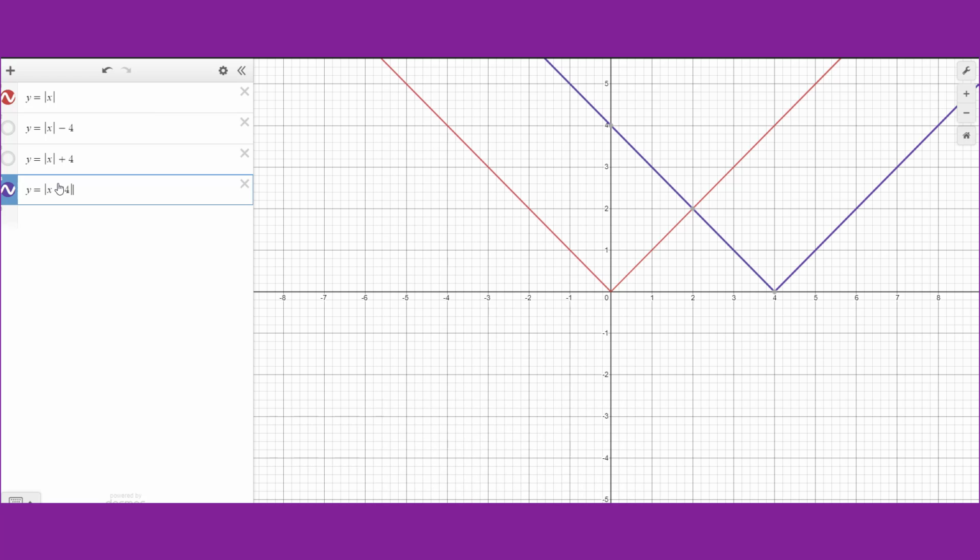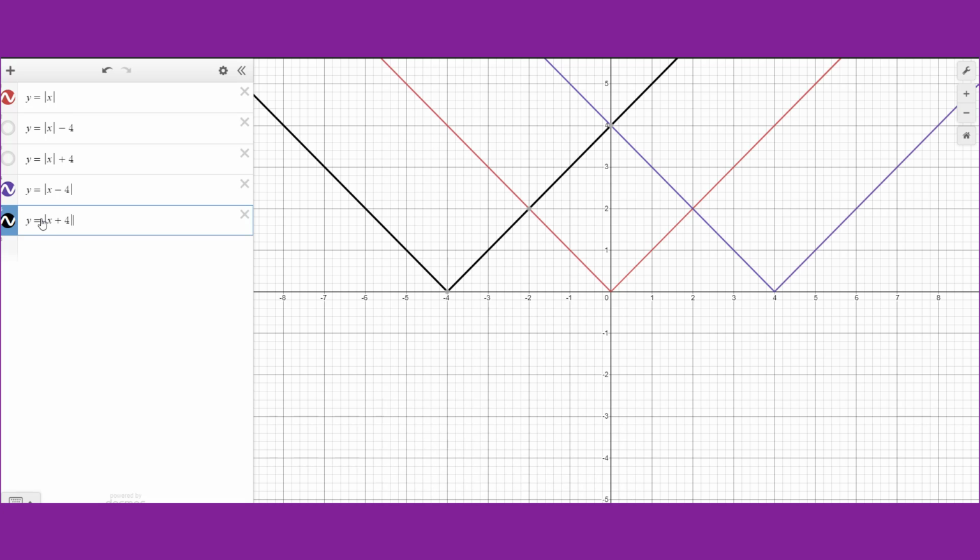So what happened there? When I said minus 4, it brought me over 4 from that vertex. It moved to the right 4 times. So to move to the left, I'm going to do what? I'm going to add 4, and that's going to translate my absolute value function over to the left 4. So really good stuff here.